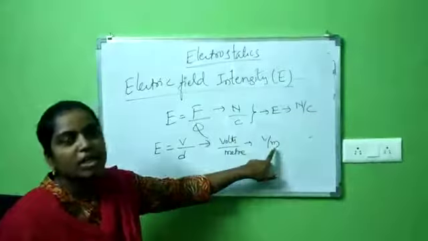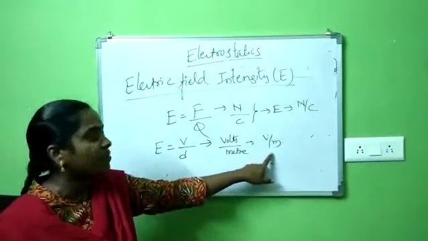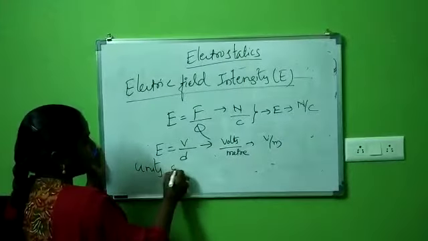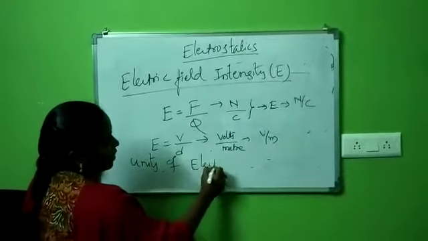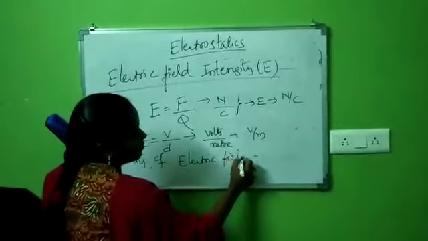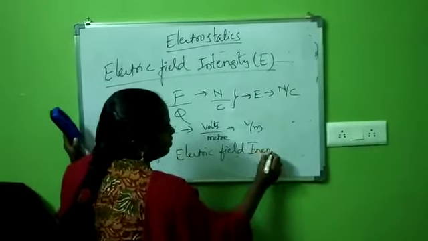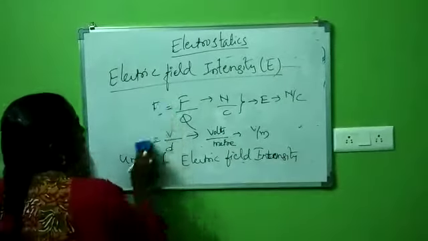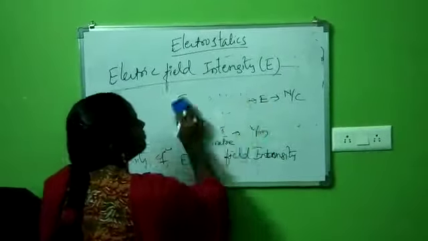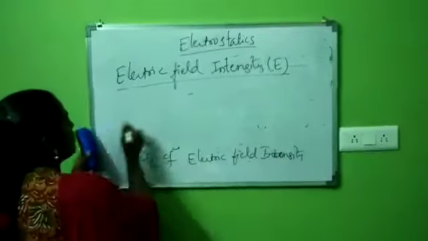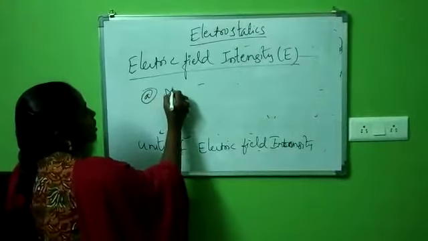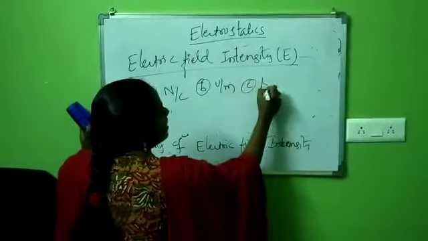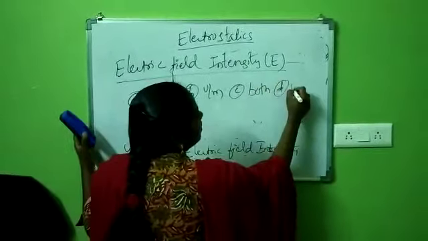This is very important. In one of the competitive examinations previously, they asked the units of electric field intensity, and the options were: A, newton per coulomb; B, volt per meter; C, both; and D, none.